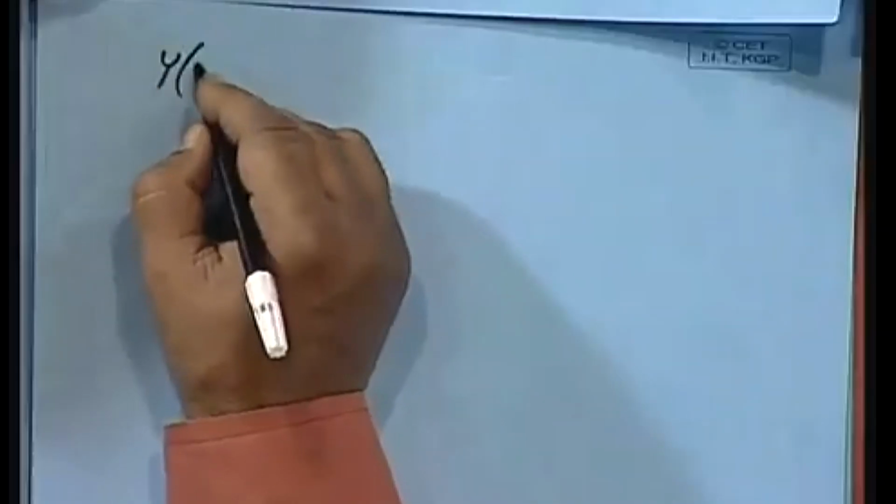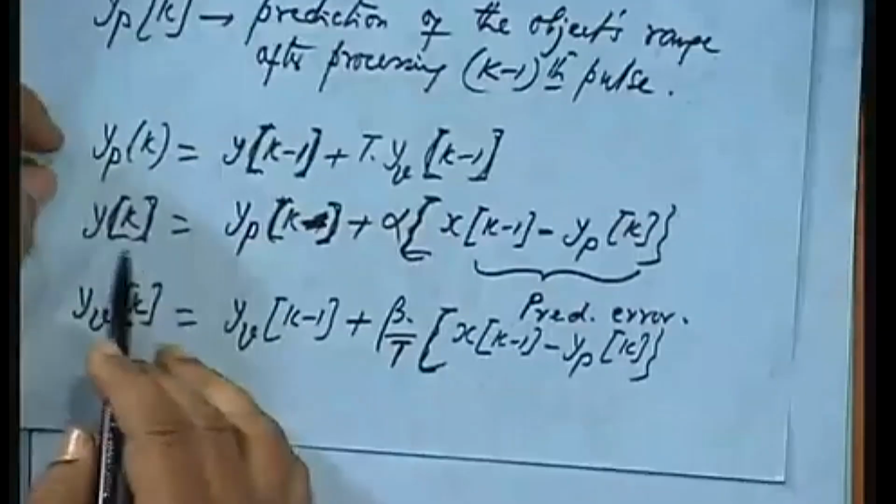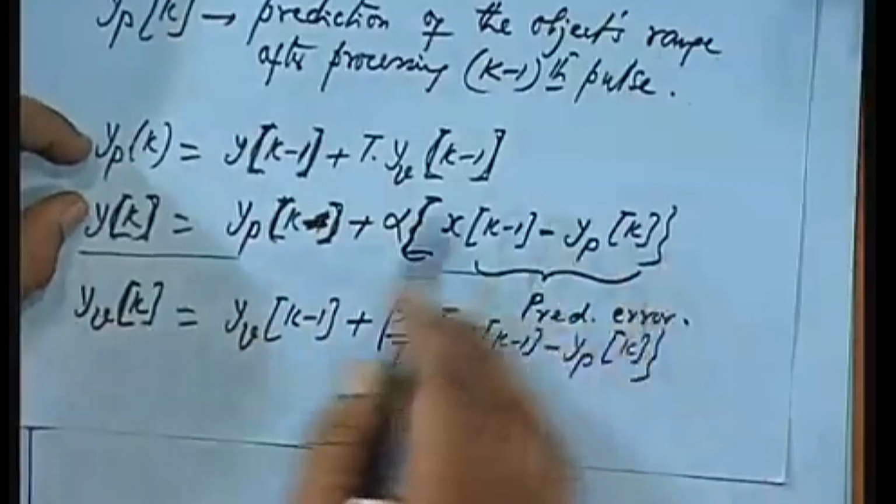Now, let us take the Z transform of these. From here, if you permit me, these three equations I will write for, say, for example, the second equation. What will be the Z transform of this?